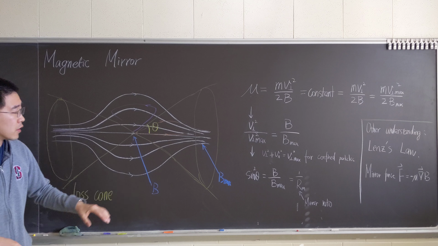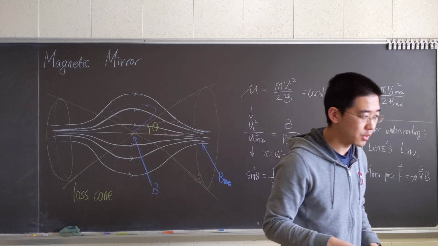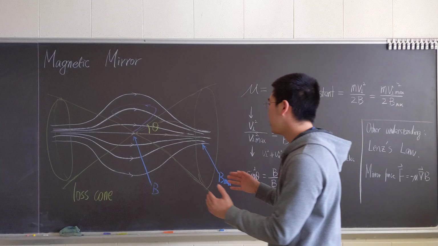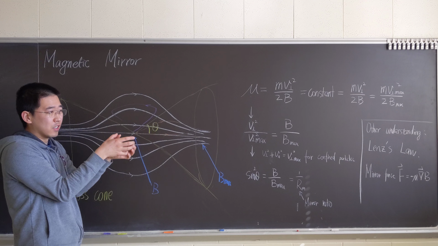The energy aspect of this picture is relatively easy to understand, but if you still have a hard time getting a firm grasp of this concept, I can provide a different perspective. You can think of this in the sense of Lenz's law. If the particle is moving, it's kind of like a little coil.